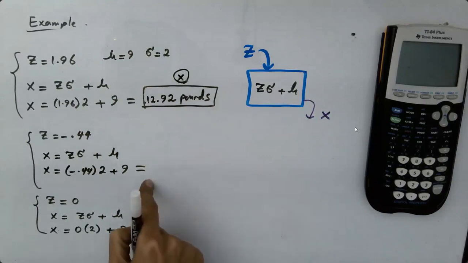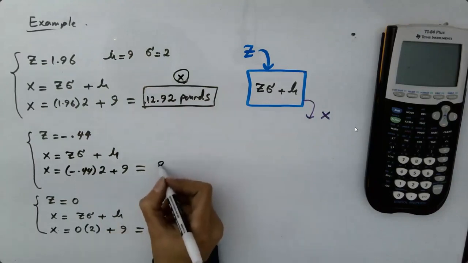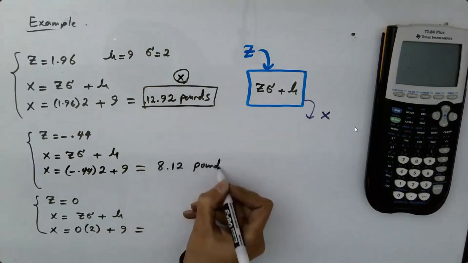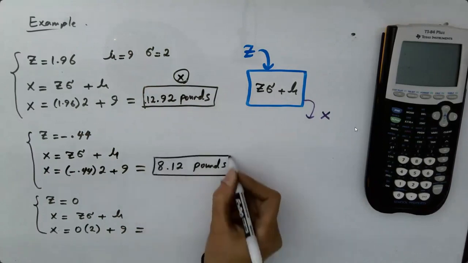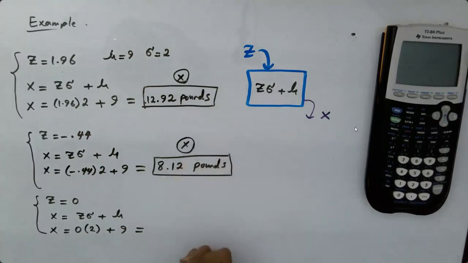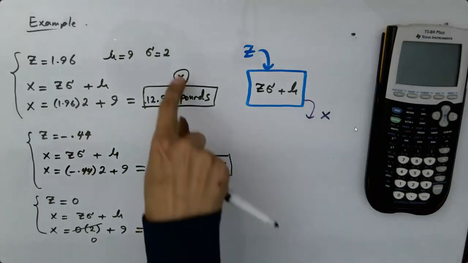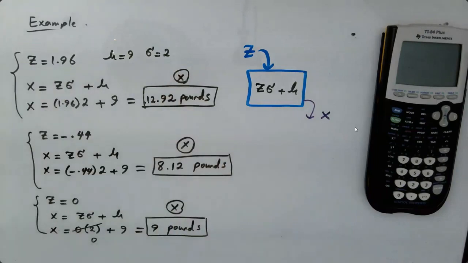The second one is associated with x equal to 8.12 pounds, the weight of the second cat. And finally, the weight of the last cat is just 9 pounds. So that's how we find the x values when the z is given to us.